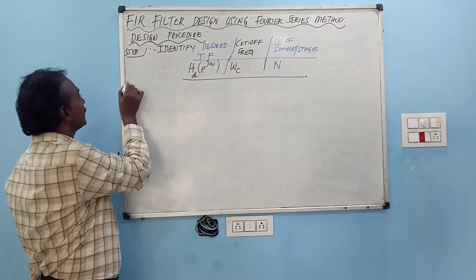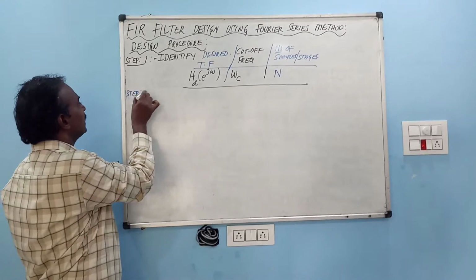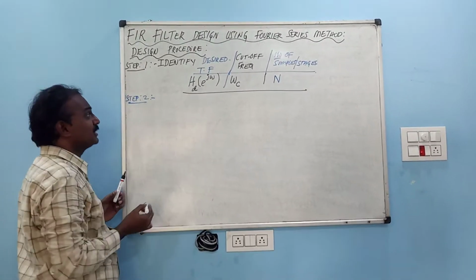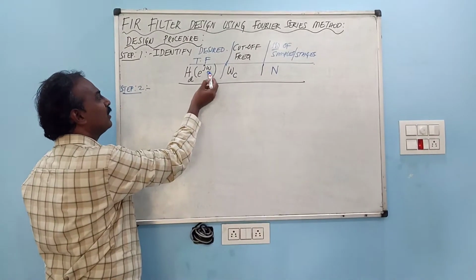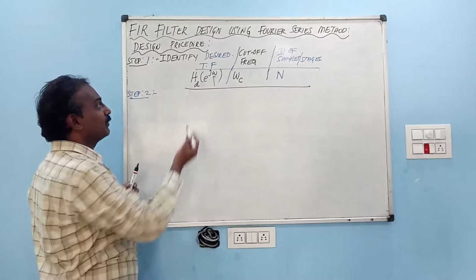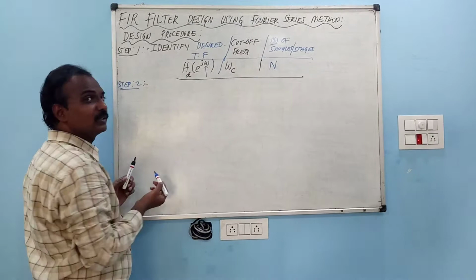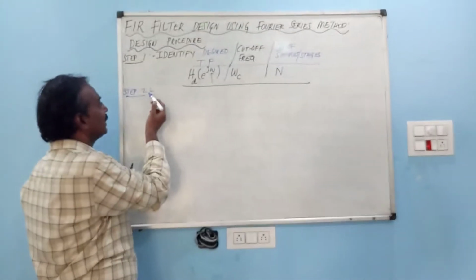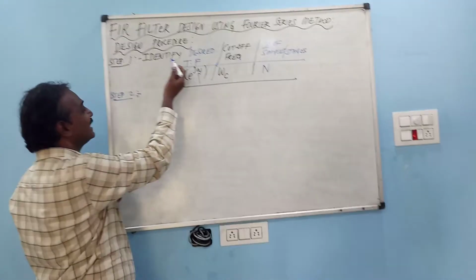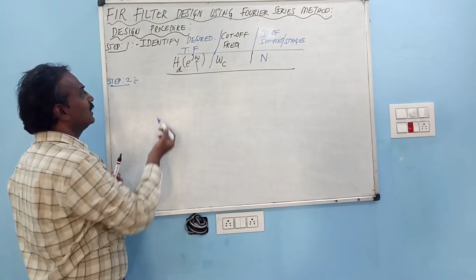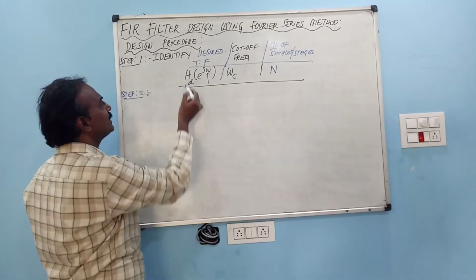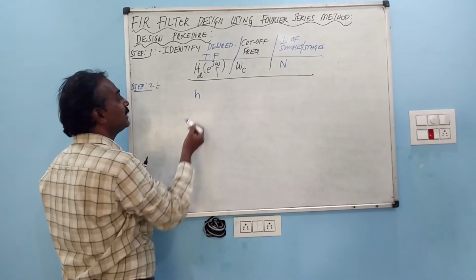So next step is step 2. Next step is, from frequency domain I want to convert to time domain. So from frequency to time domain we have a relation. Since it is a digital system we are talking, time is discrete time I want. So discrete time, the capital H, when I want in discrete time it is small h.